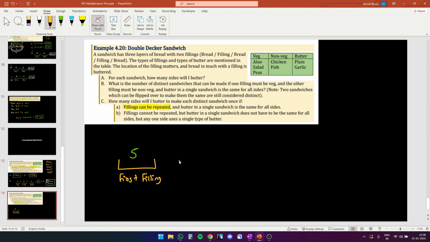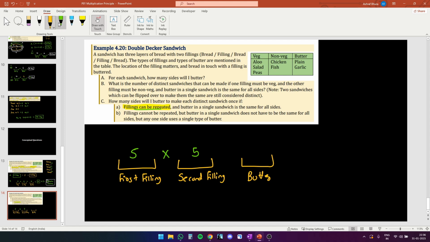Now coming to the second filling, how many choices do I have? Can I again say that I will be having 5 choices because fillings can be repeated. So 5 times 5 becomes how much? 25. Okay, but we have one more thing to select. How many choices of butter we have? We have 2 choices of butter.